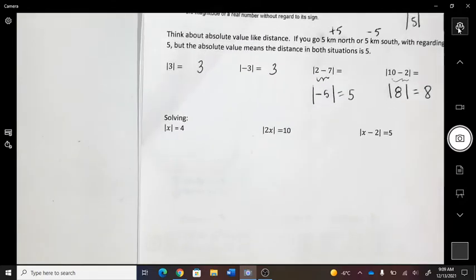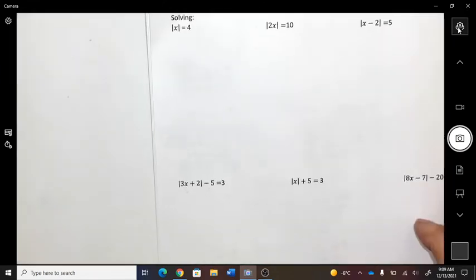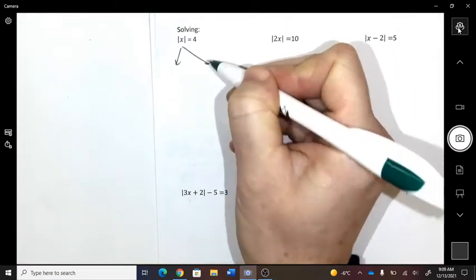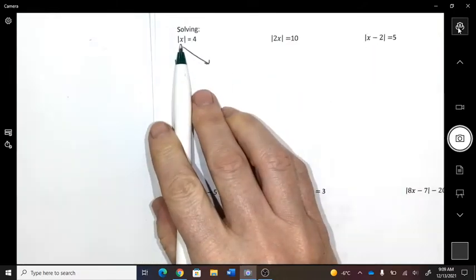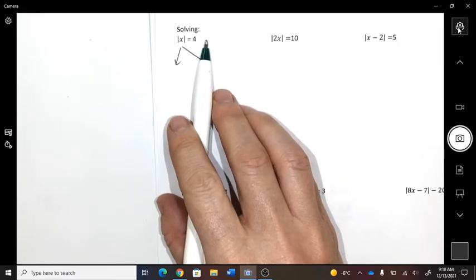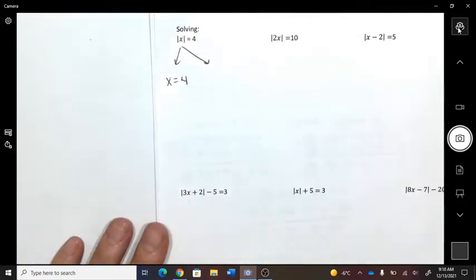Okay. Now we're going to start to solve equations. So I want you to think about, what could I absolute that would be a 4 result? The absolute value of 4 would give me 4, right? So x equals 4.